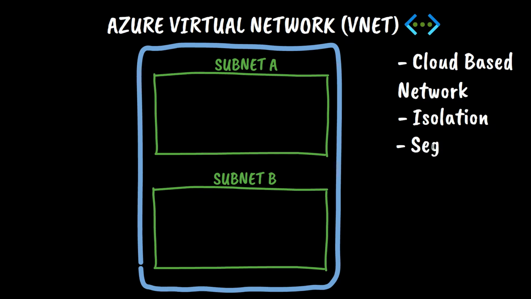For example, if you have 256 IP addresses in your virtual network, you can create subnet A with 64 IPs, subnet B with another 64 IPs, and the rest of the IPs you can use later to create more subnets.